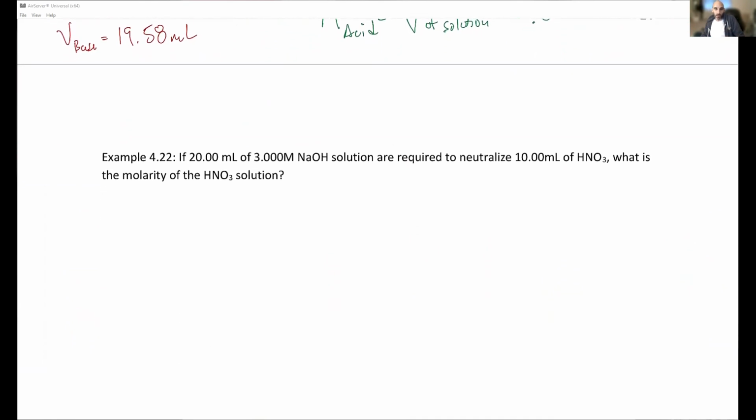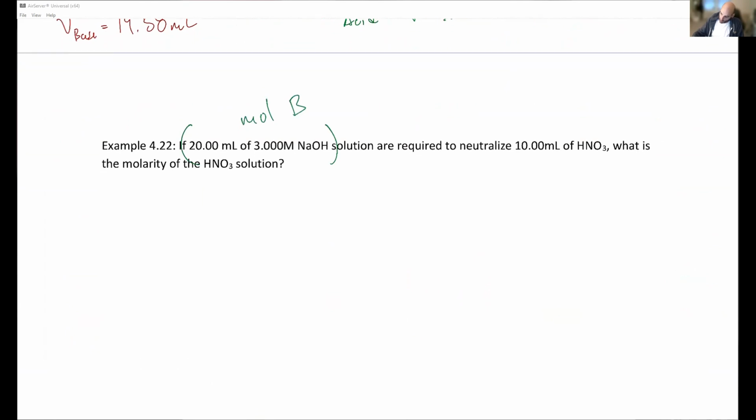It seems complicated, and the more we do them, the more it's going to make sense. Instead of coming up with gram quantities, essentially we're solving for mole quantities. So here, if 20 mils of a 3 molar solution of NaOH are required to neutralize 10 mils, determine the moles of base, and we know that that is going to equal the moles of acid from this 10. We want to figure out the moles of acid, and so you should be able to figure out the molarity of this solution.